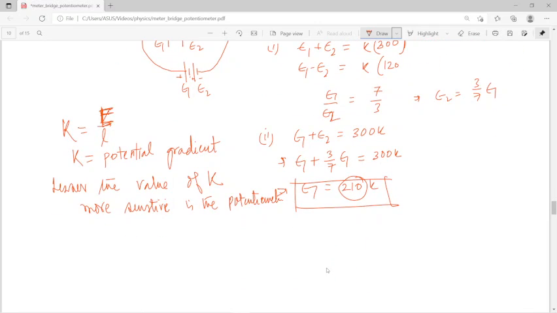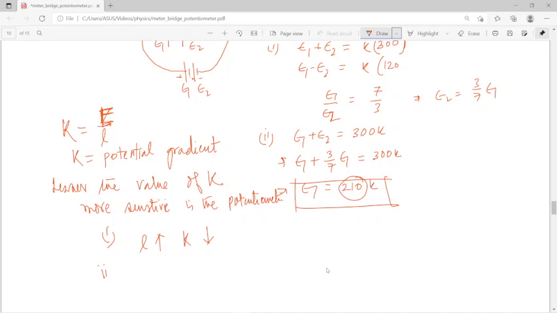That means the sensitivity of the potentiometer can be increased by increasing the length of the potentiometer wire. If the length increases, then of course the value of K will be less, and the sensitivity increases.